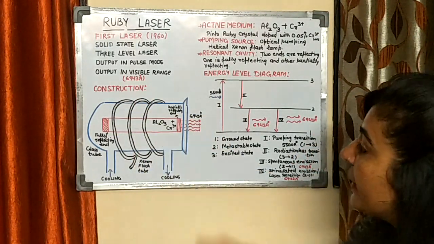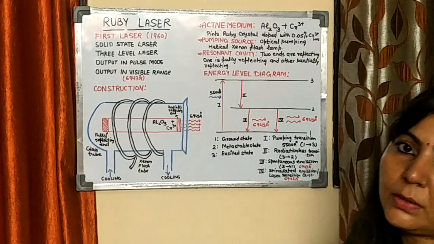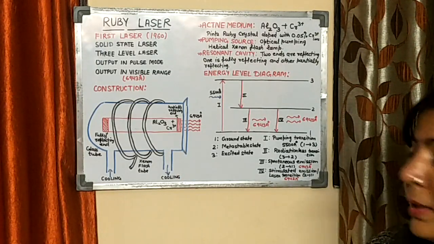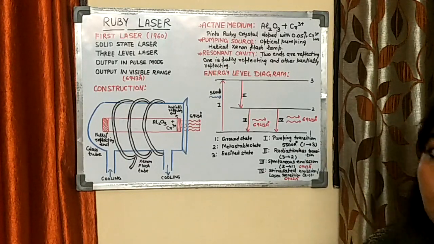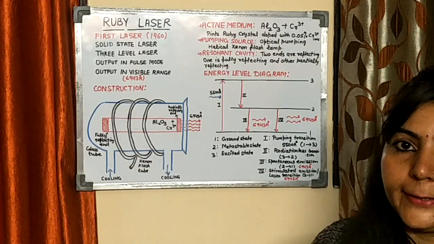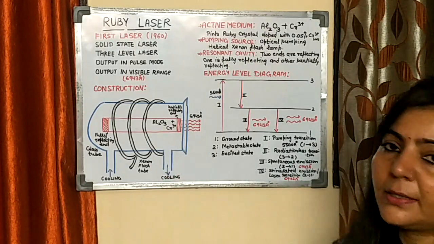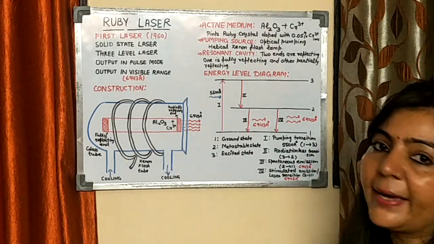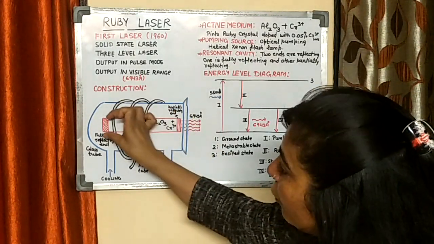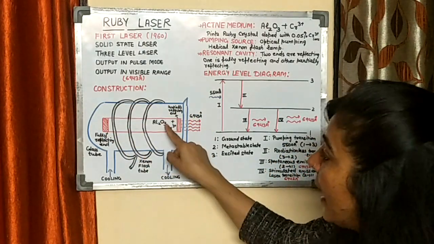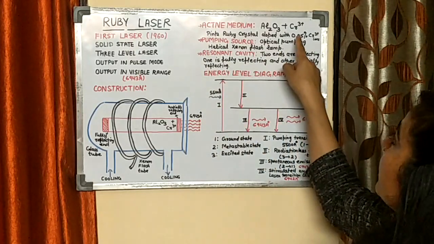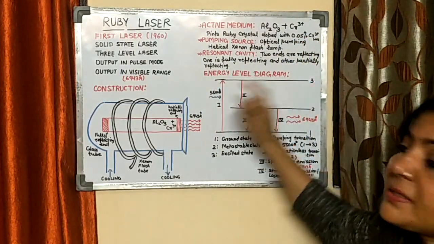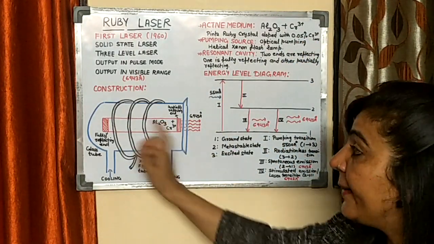This active medium is basically an Al2O3 crystal, a pink ruby crystal, and that pink ruby crystal is the host material, which is doped with chromium ions. So this is your pink ruby rod, and in that pink ruby crystal, Cr3+ ions, a percentage of 0.005% of chromium ions, are doped.